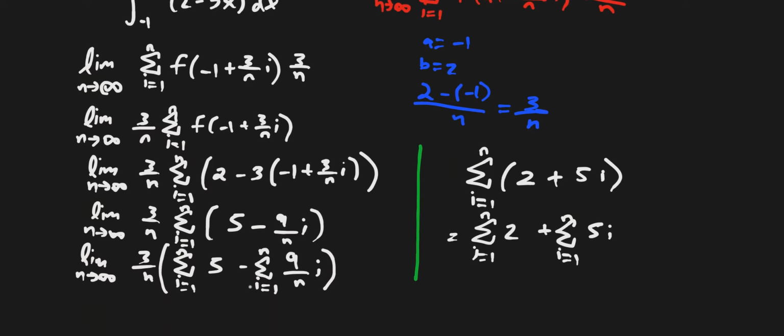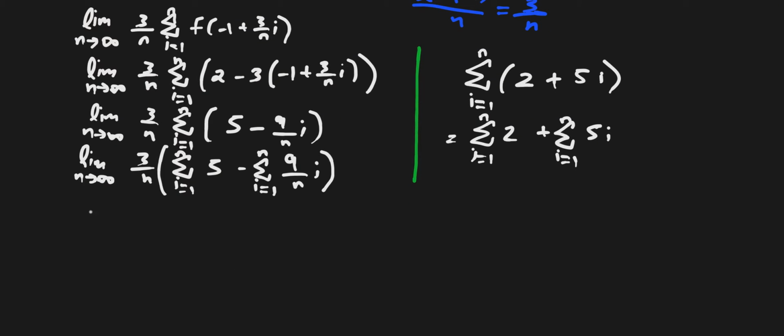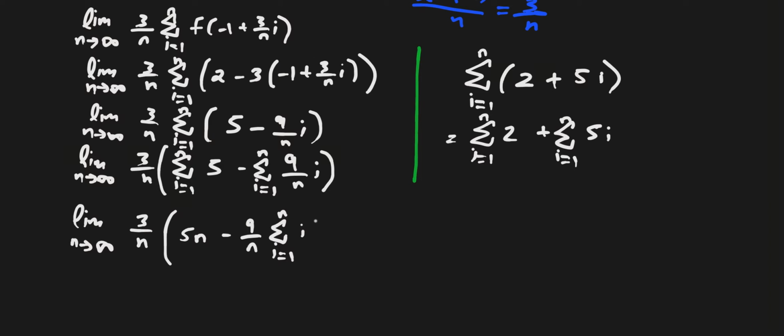I will do that in a separate step. So this is just the limit, and we can always bring that out, as n approaches infinity, 3 over n times 5n minus 9 over n times the summation from i equals 1 to n of i. And to get to this point is the main reason why we did all of this.